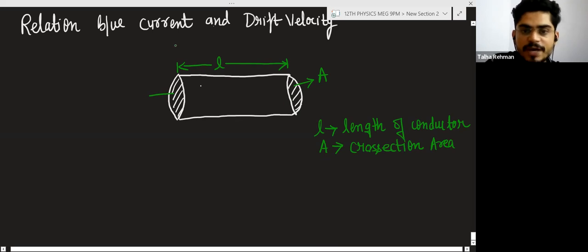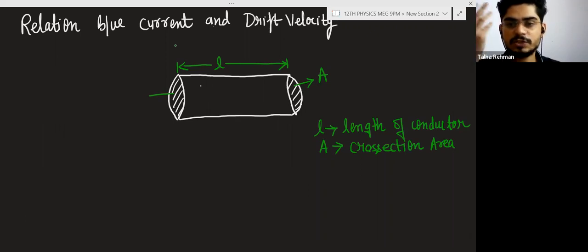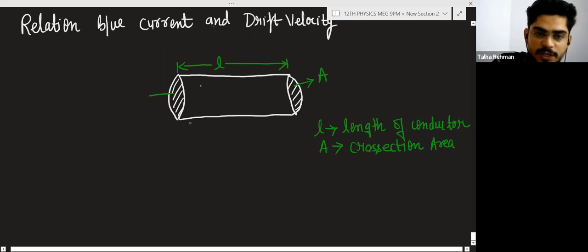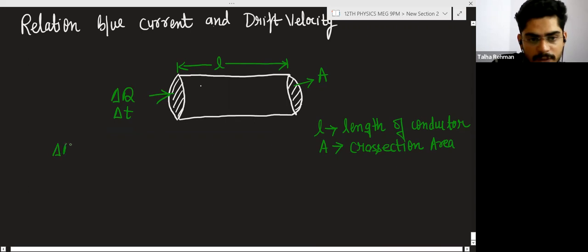And we have to find the relation between the current and the drift velocity. First, I am just finding the current. So see here, suppose from this cross section, delta Q amount of charge is flowing in delta t time.